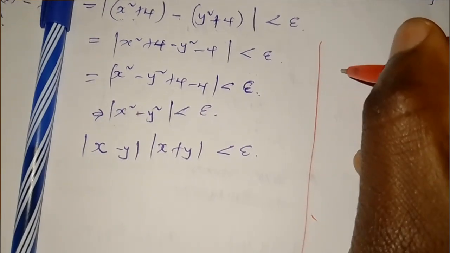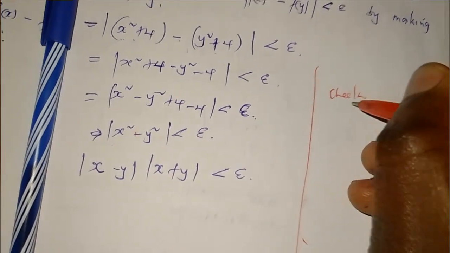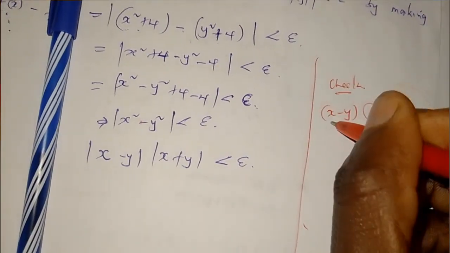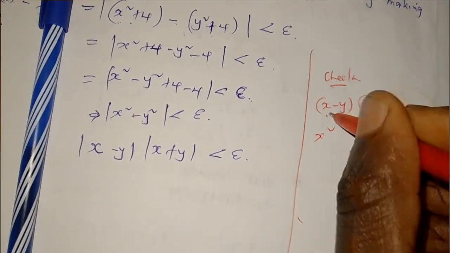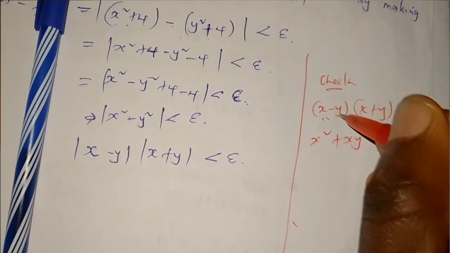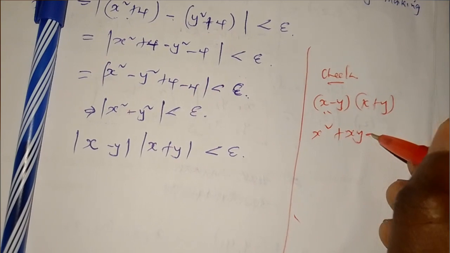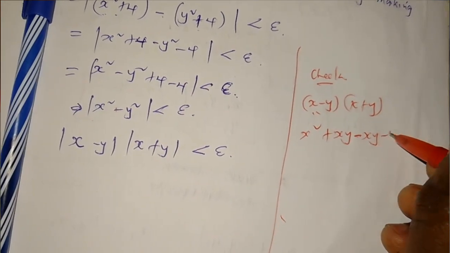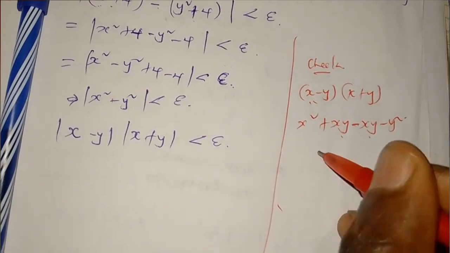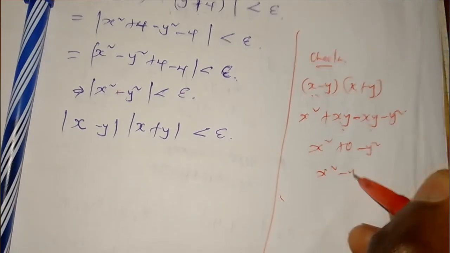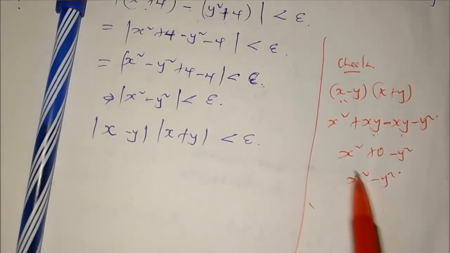I can just prove it here: check that (x minus y)(x plus y). x times x is x squared, x times y is plus xy, negative y times x is negative xy, then negative y times y is negative y squared. So the xy terms cancel to 0. It becomes x squared minus y squared. Now you have just factored it out, and it says the same thing.